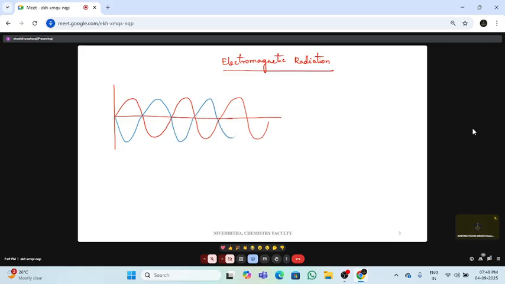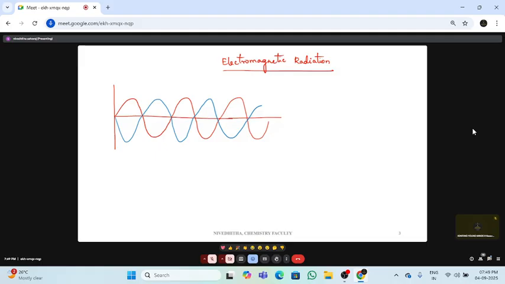The electric field and magnetic field travel perpendicular to each other, and this is called electromagnetic radiation. As she told, we have many types of electromagnetic radiations: radio waves, visible light, infrared, ultraviolet, X-rays, gamma rays. All these are electromagnetic radiations, but the properties of each are completely different, right?